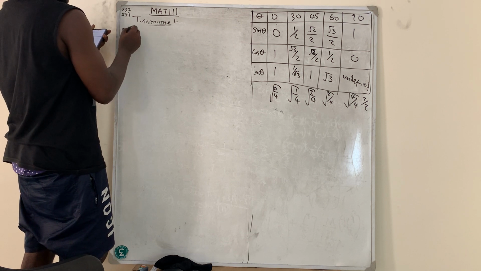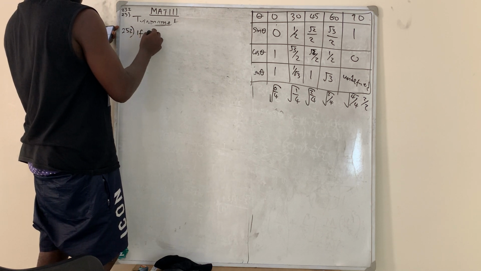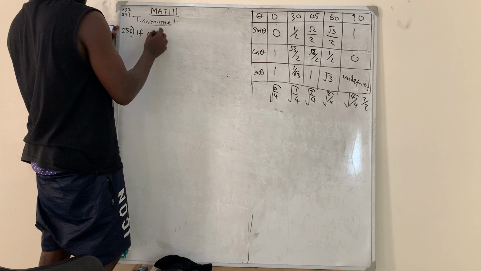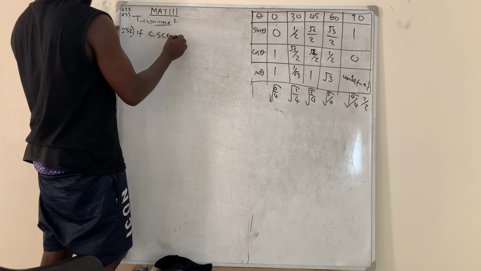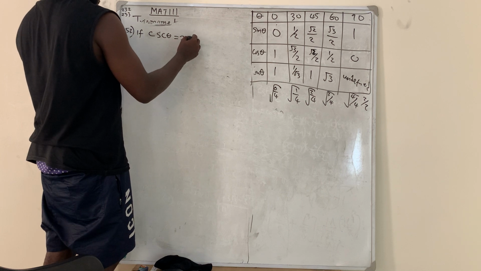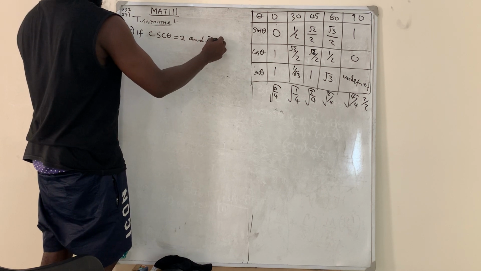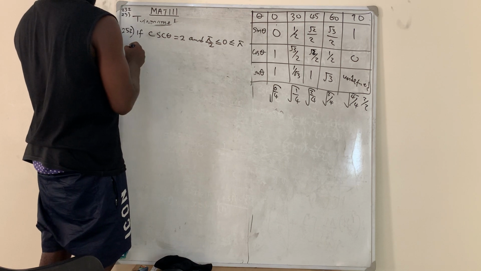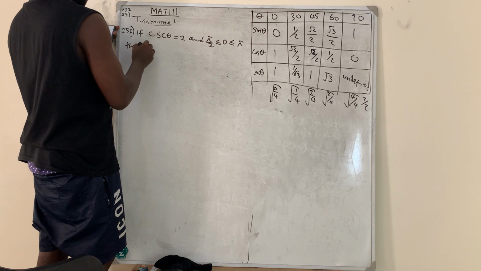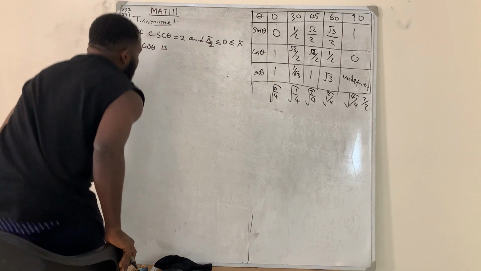Question number 252 said that if cosec theta is equal to 2 and pi over 2 is less than or equal to theta, which is less than or equal to pi, then cos theta is, okay, so this is very, very simple.